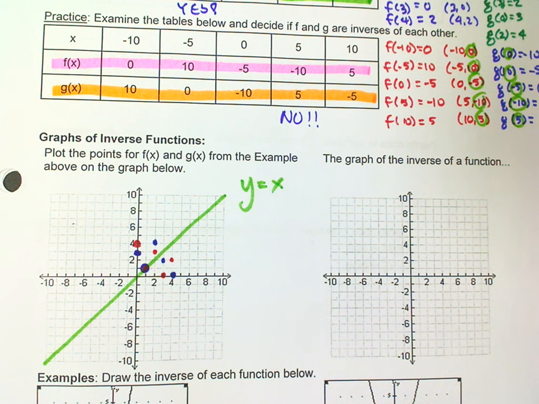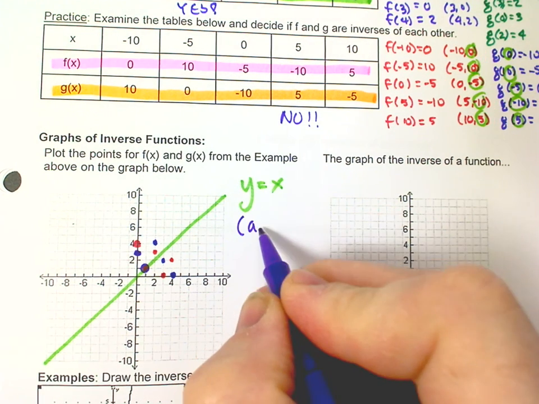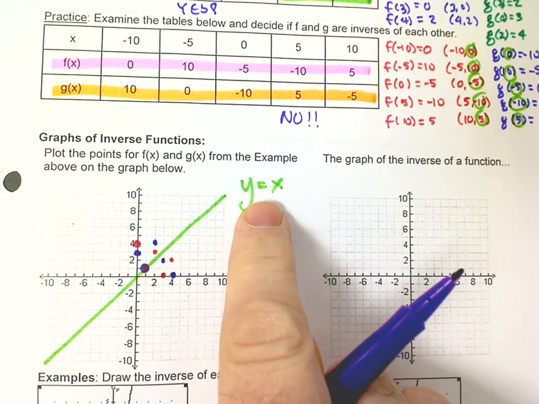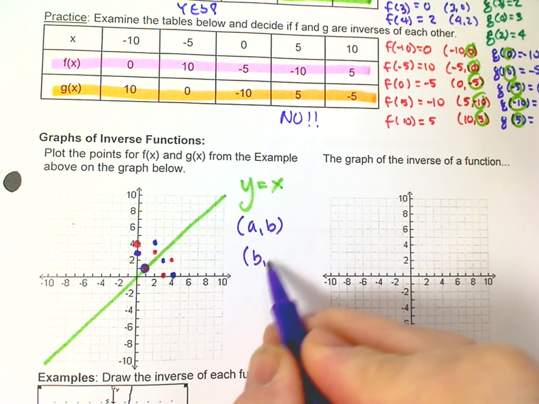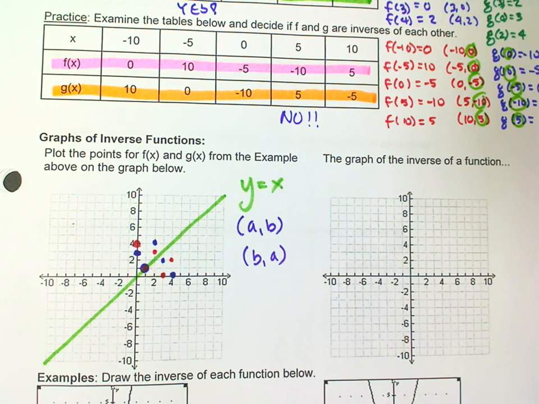Because remember what we did back in geometry when we had those points y equals x? We took the point, say, AB, and when we reflected it across the line y equals x, didn't we just switch our a's and our b's? And isn't that really the definition of an inverse, by just flopping those around?